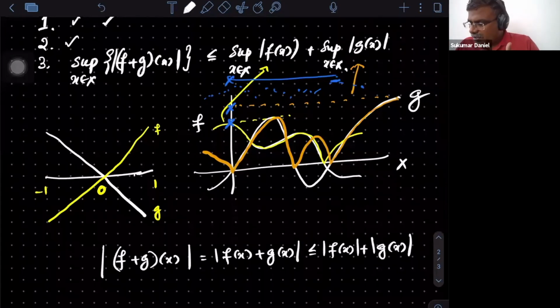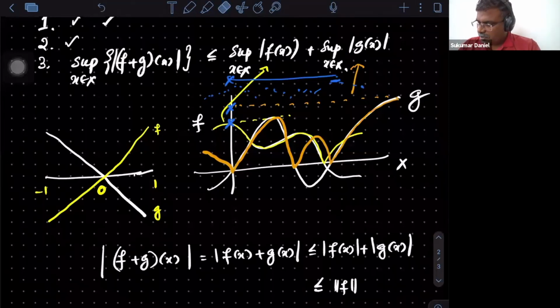And I use the fact, remember this, I will say again, I want you to go through quickly and very clearly. What is the connection between any element of a set and its supremum? That is the least upper bound. So least upper bound is also an upper bound. That means this f of x has to be less than or equal to the upper bound of the set containing all f of x's, and hence it will be less than or equal to the norm.